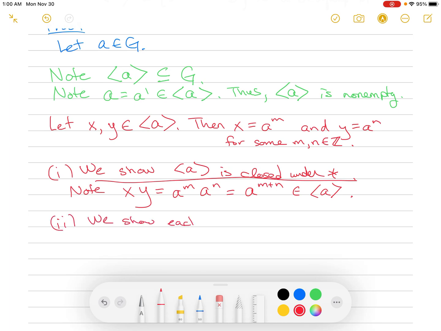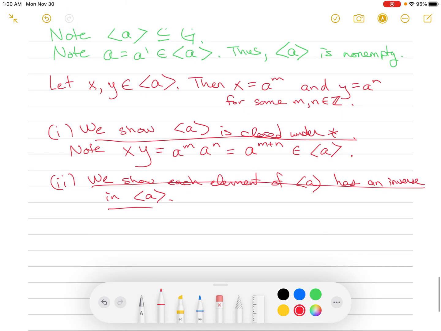Now we have to show inverses. We show each element of angular brackets A has an inverse in A. Okay, so we assume that x is in angular brackets A, so x equals A to the m power.